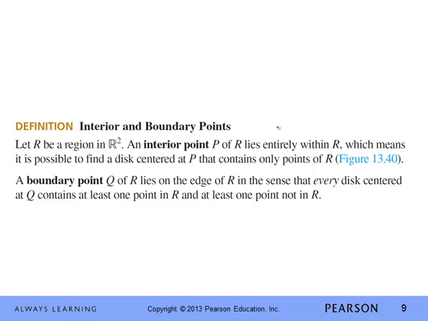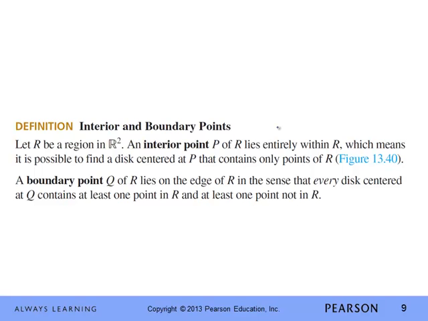Now, an interior point, call it P, of the region R. So what does it mean for that point to be an interior point? Well, it lies entirely within the region. And that means that it is entirely possible to find a disk.